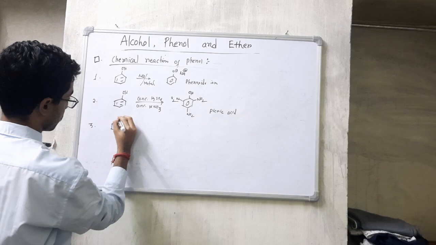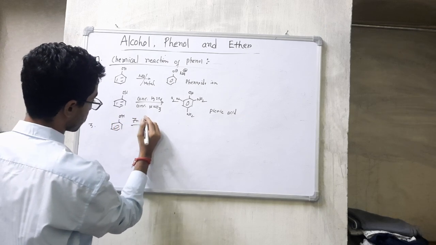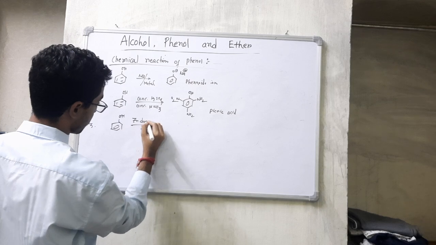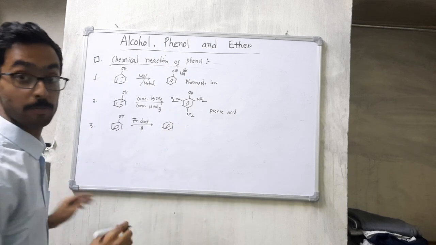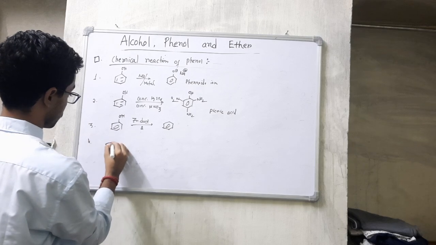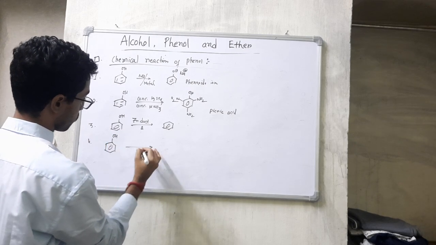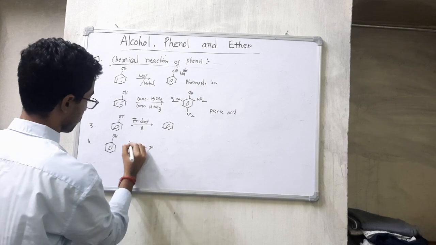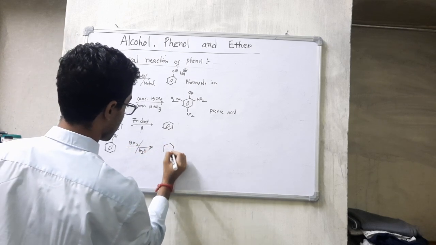Number 3, if it reacts with zinc dust and heat, then benzene is formed. Number 4, if phenol reacts with Br2, there are two methods.